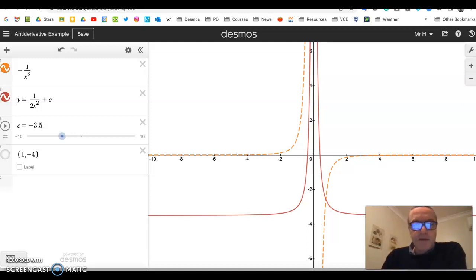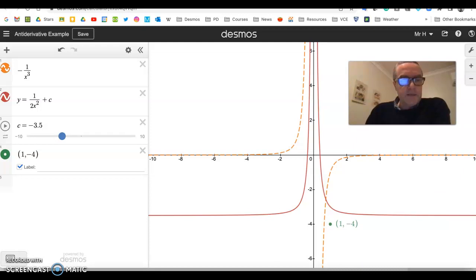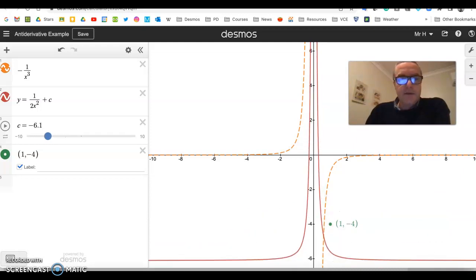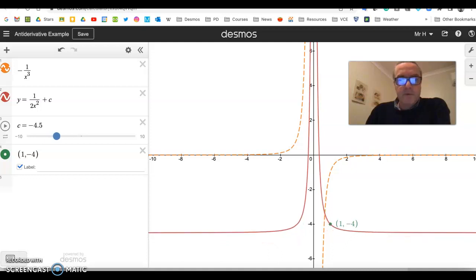One of those indefinite integrals, or the indefinite integral at some point, is going to pass through our coordinates here, 1, negative 4. That was the additional information in that question. So we can see now, as I slide the value of c around and try to stop right where the curve passes through that point, we can see that it stops when c is negative 4.5, in other words where c is negative 9 over 2.